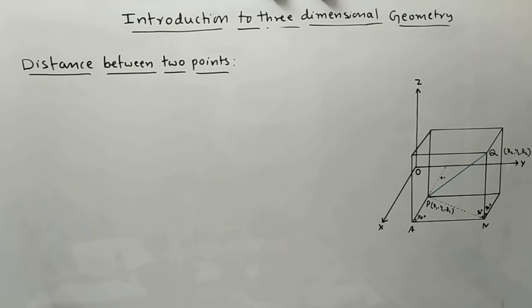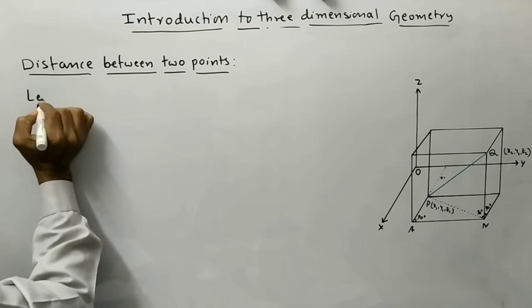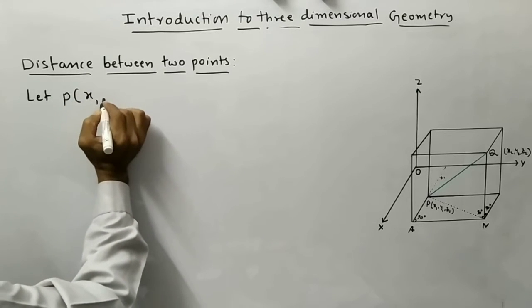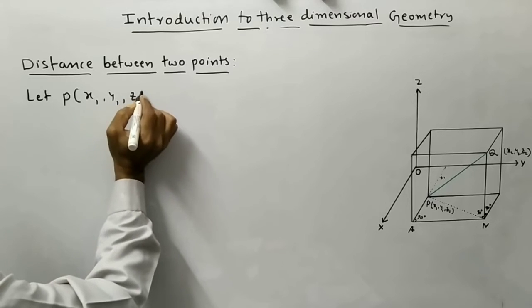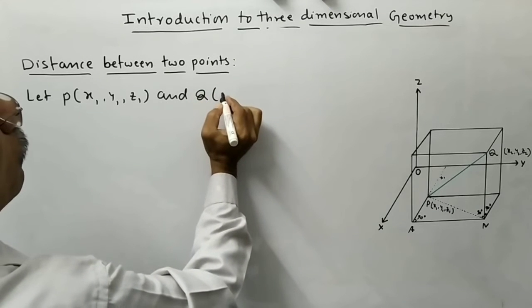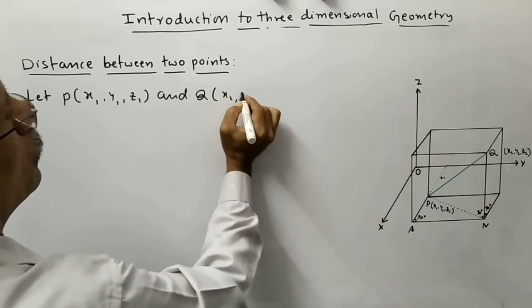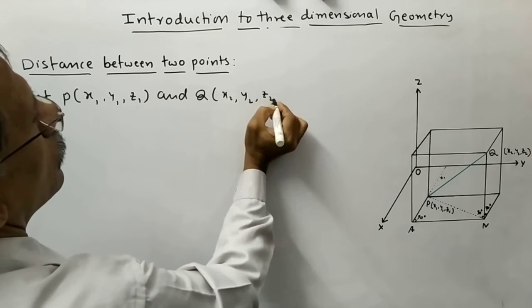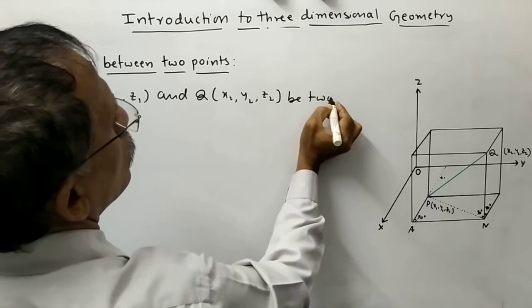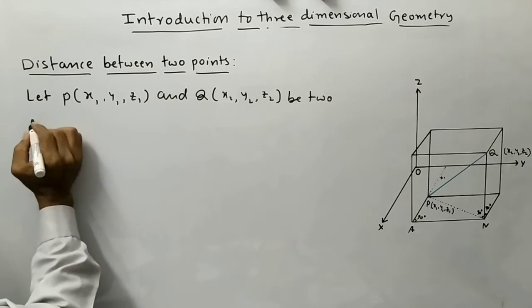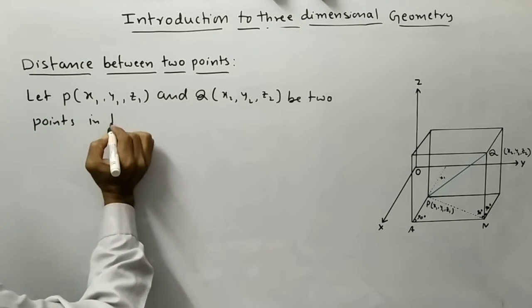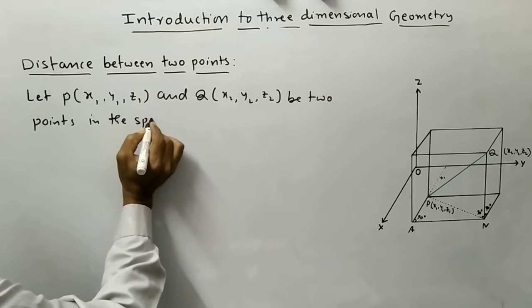Distance between two points. Let P with coordinates x1, y1, z1 and Q with coordinates x2, y2, z2 be two points in the space.